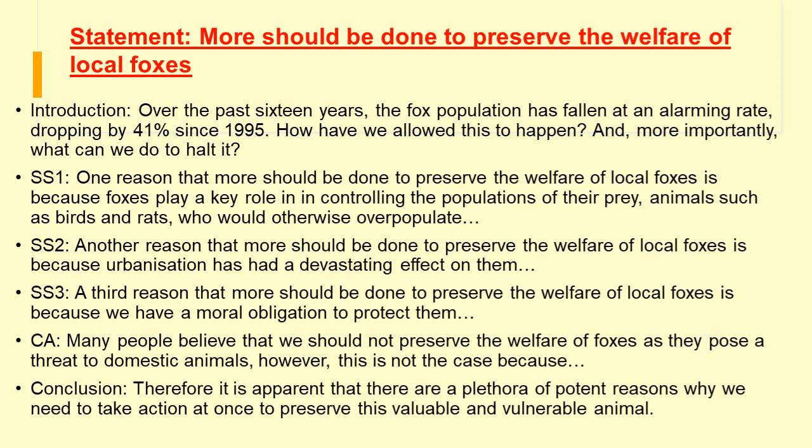And then for the counter argument, many people believe that we should not preserve the welfare of foxes. So again, linking back, as they pose a threat to domestic animals. However, this is not the case because, so in this counter argument, I would expose that myth as false because I too, initially when I was younger, believed that foxes would go after cats, but actually, the average cat is the same size as a fox, and foxes are generally very scared of cats.